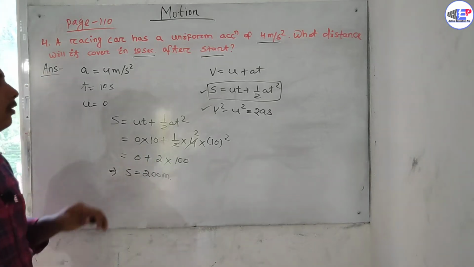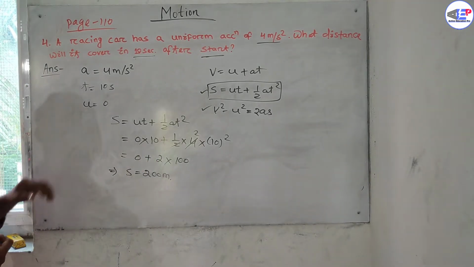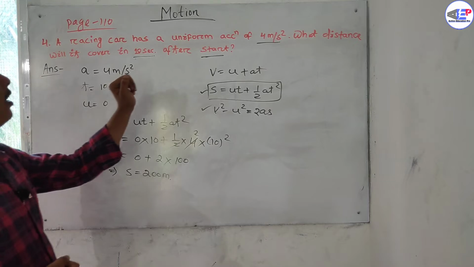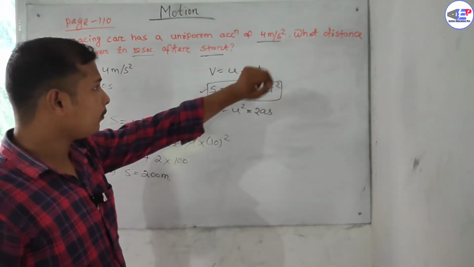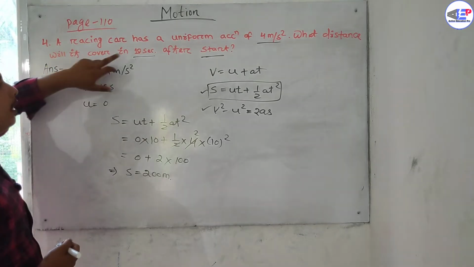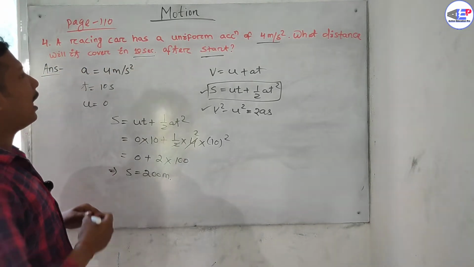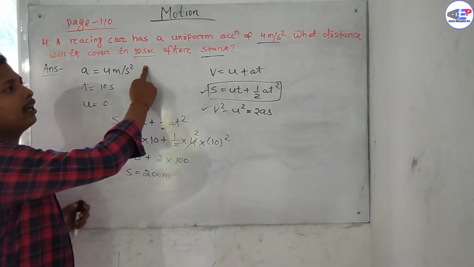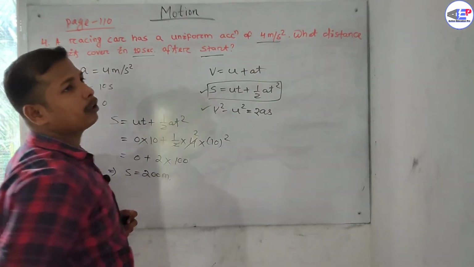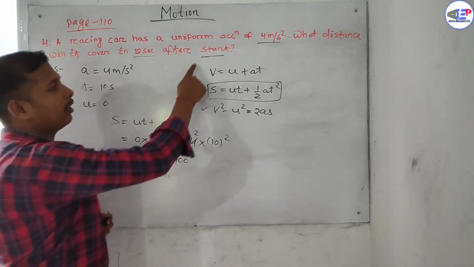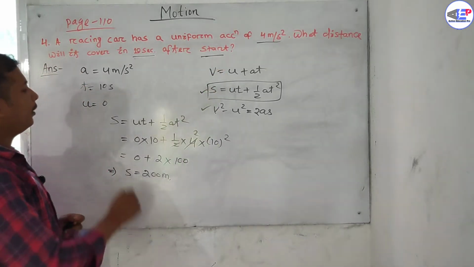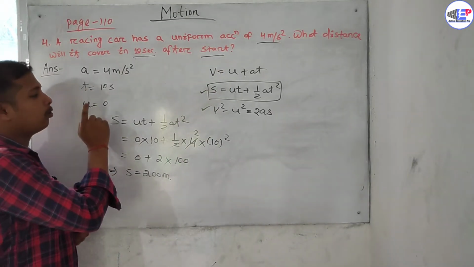I repeat, the question is given that the racing car has a uniform acceleration of 4 meter per second square. What is the distance it will cover in 10 seconds? The time here is 10 seconds and the acceleration is 4 meter per second square. Given that the car starts from rest position, that means its initial velocity will be equal to 0.